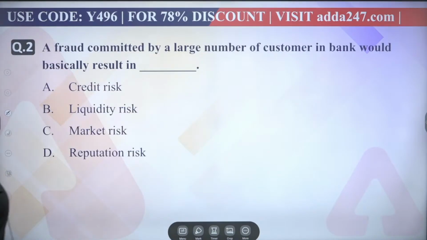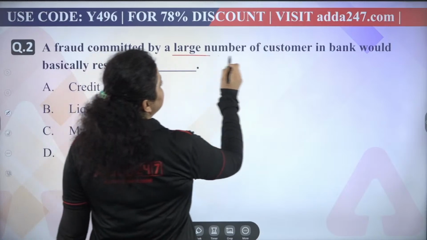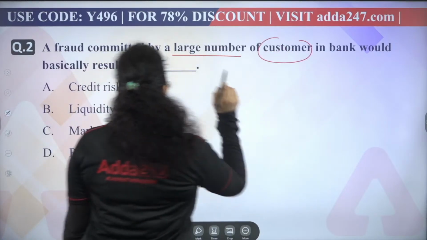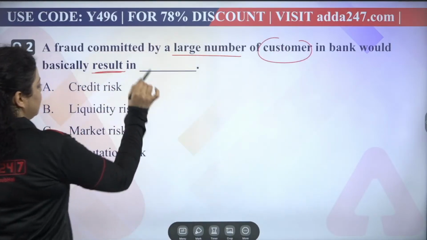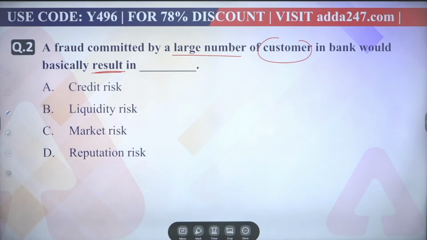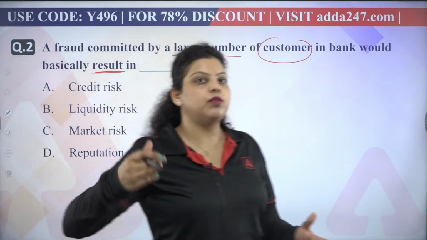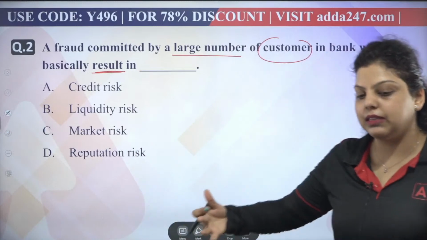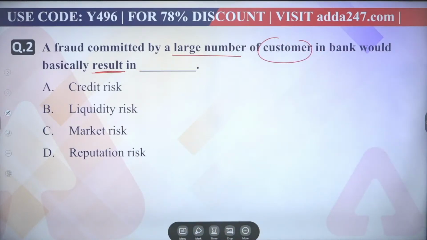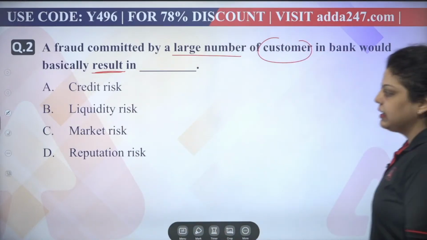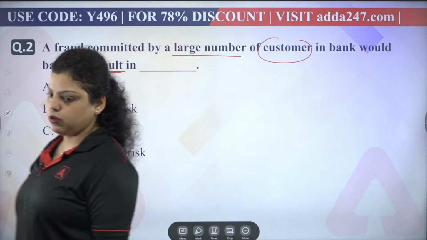Next, second question. A fraud committed by a large number of customers in the bank would basically result in which type of risk? If a particular bank's customers are doing fraud or defaulting in the bank, then which type of risk will occur? Is it credit risk, liquidity risk, market risk, or reputation risk?